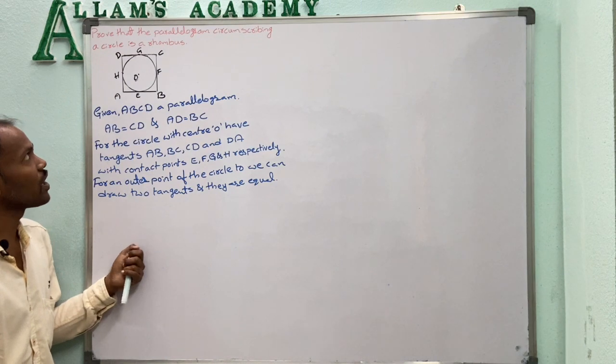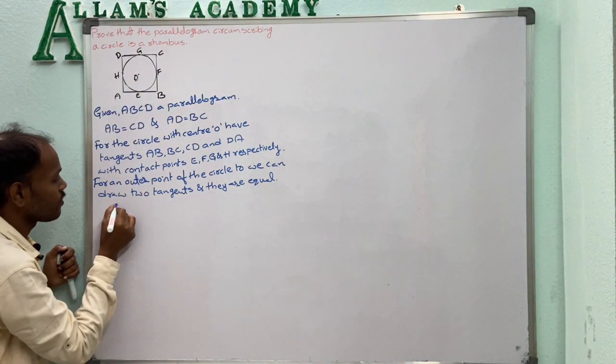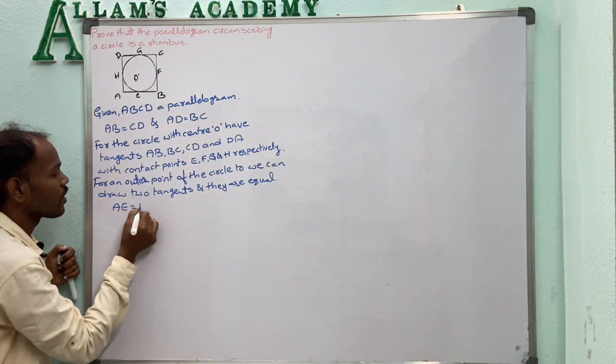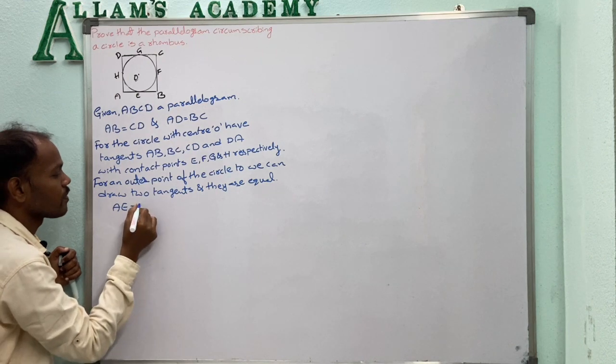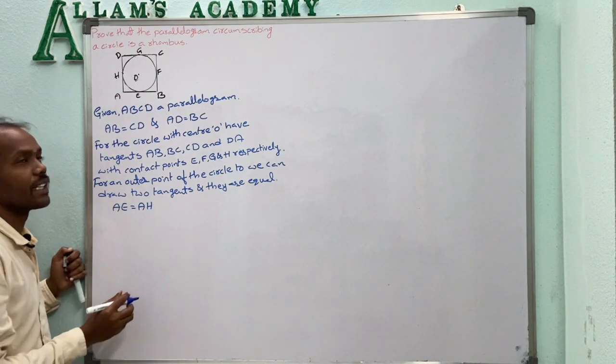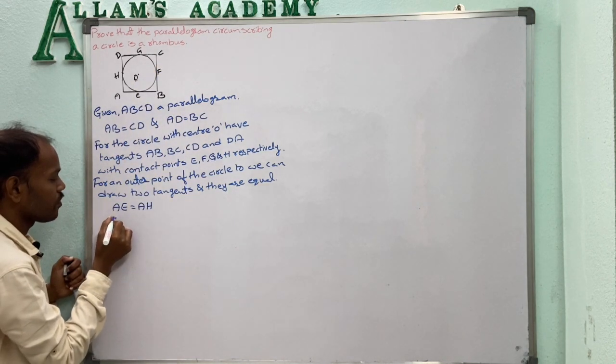So by that, now we can write AE equal to AH, and BE equal to BF.